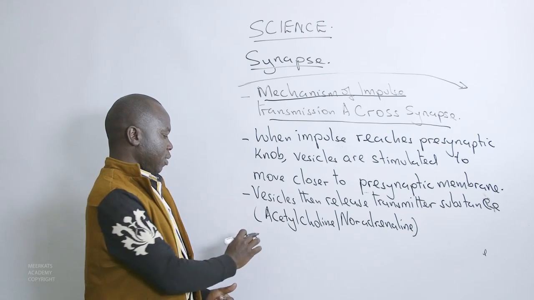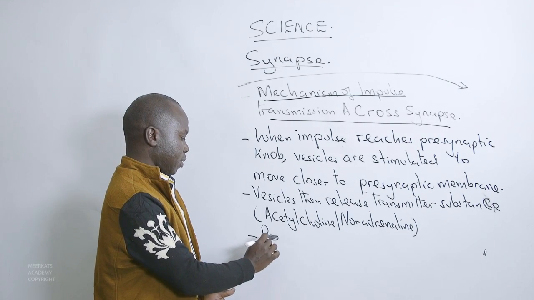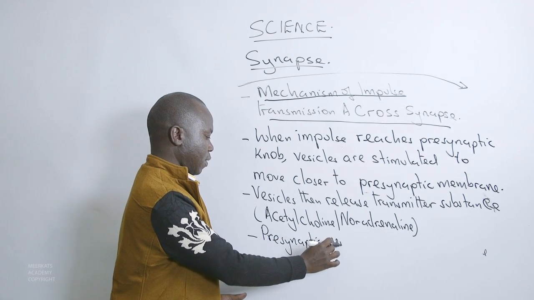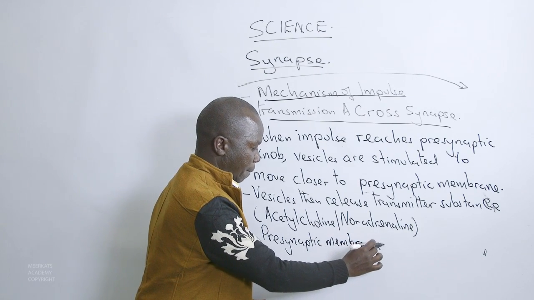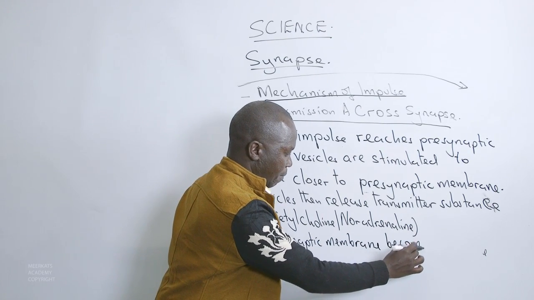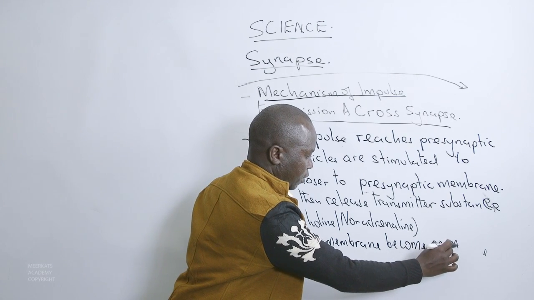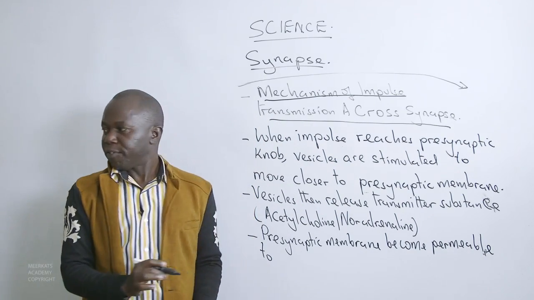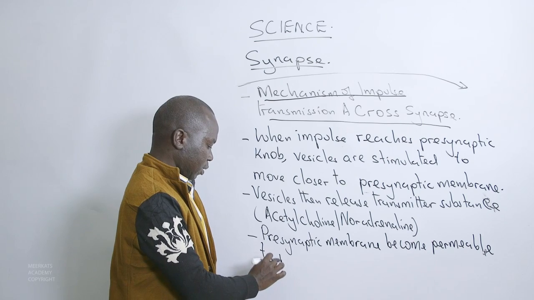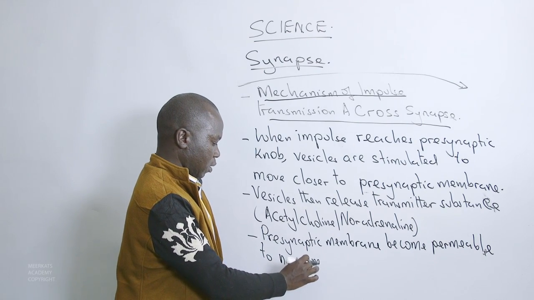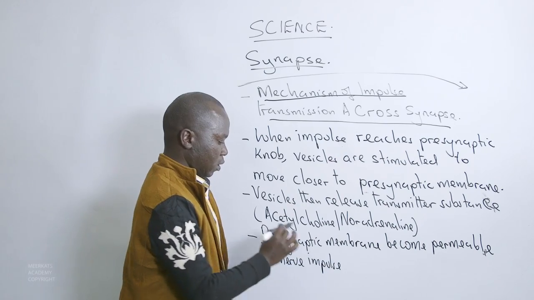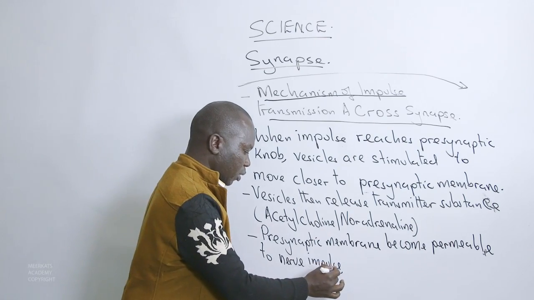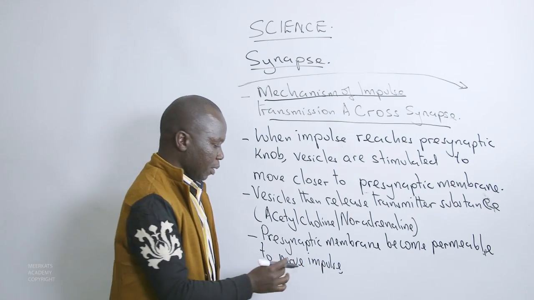They affect the presynaptic membrane, which becomes permeable to nerve impulse. So when it becomes permeable to nerve impulse, we call this condition being polarized.